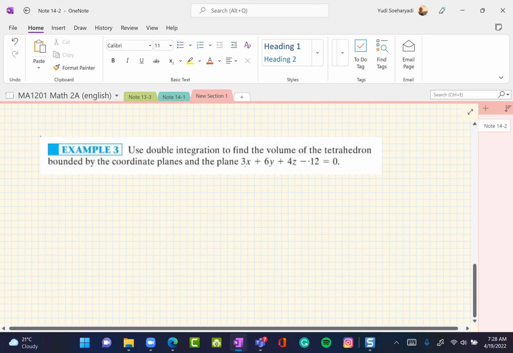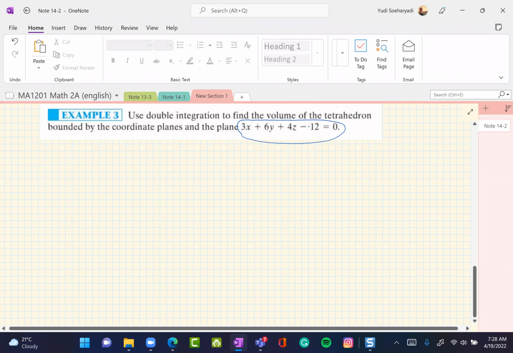Usually that's in the first octant. So how do you recognize this one? First, let's recognize the plane here. So we usually put that here.